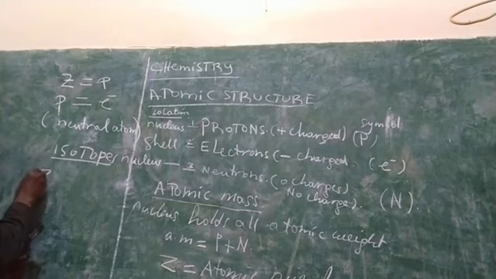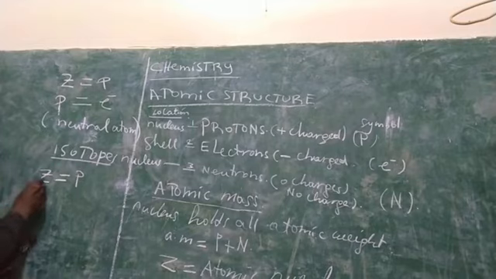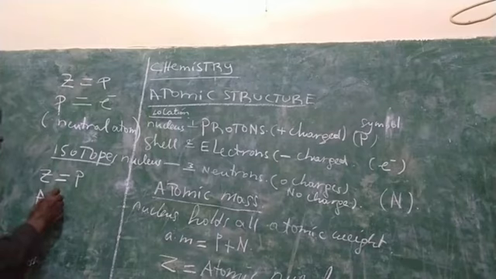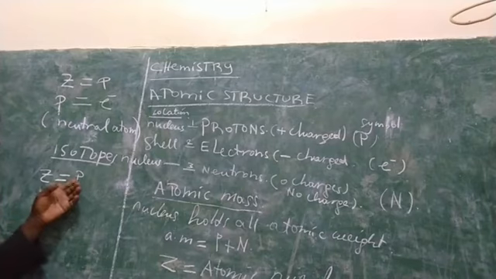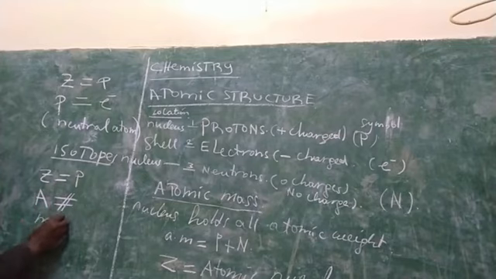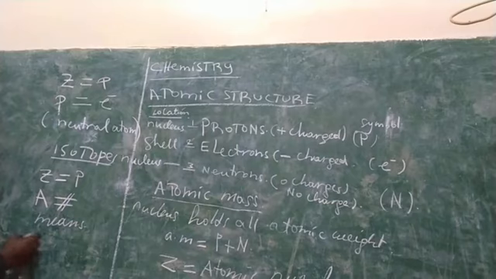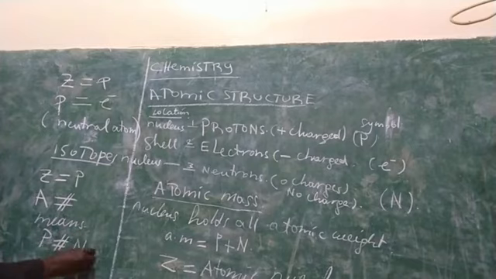When Z is equal to proton number, and the mass number of two atoms is different, it means the number of protons is different to the number of neutrons.